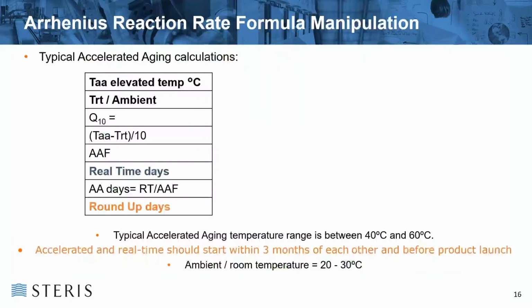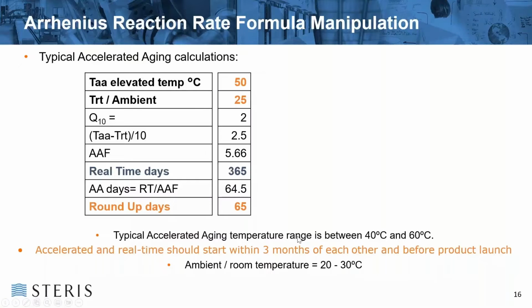If we look in a little more detail at what you can do to manipulate or play around with the actual formula. As I said, if you use an accelerated aging temperature of 50 degrees with an ambient temperature of 25 degrees and a Q10 of 2, your accelerated aging factor will work out as 5.66.